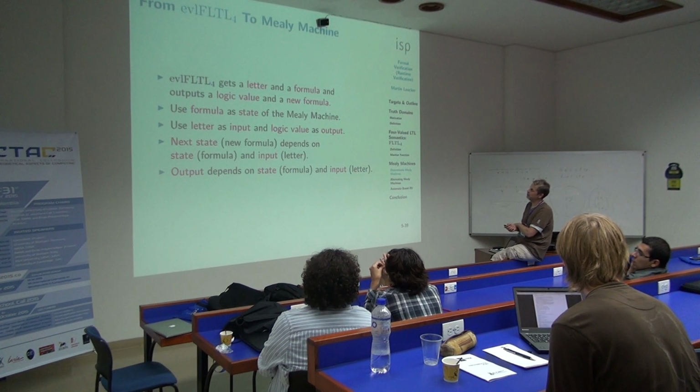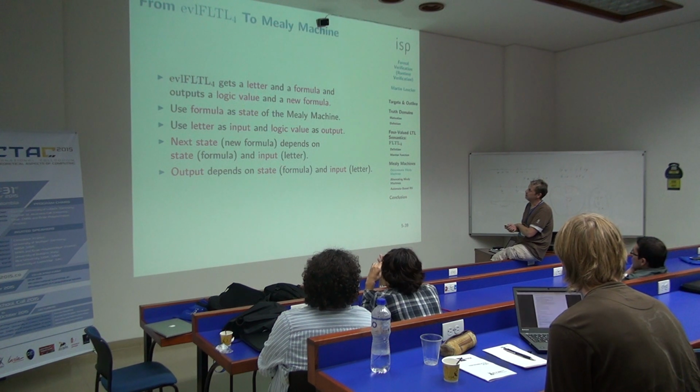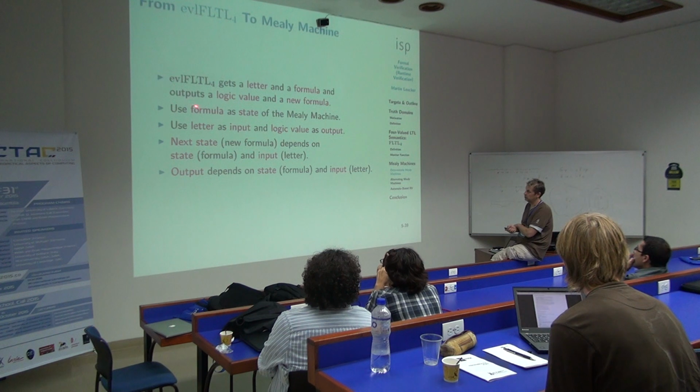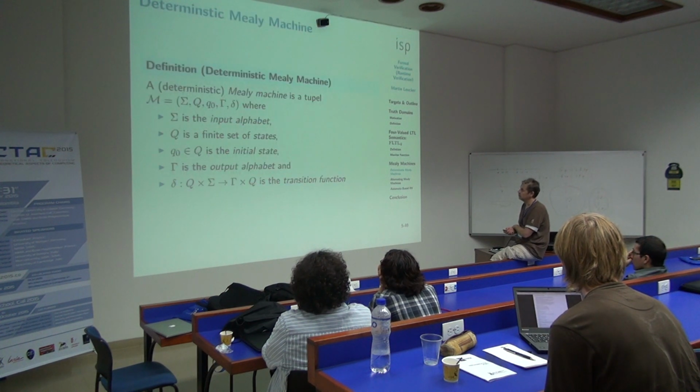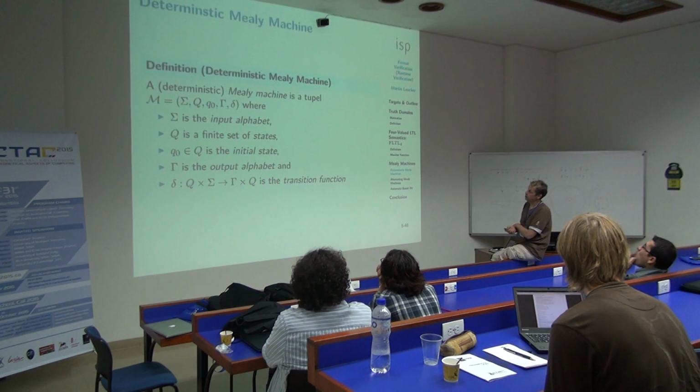So this reads like: we are in a state, we read a letter, we output something, and we go to a new state. If we call formulas states, then we basically have a Mealy machine. The letter is the input, the logic value is the output, and the formulas are the states. In the next state, the new formula depends on the state and the input letter.